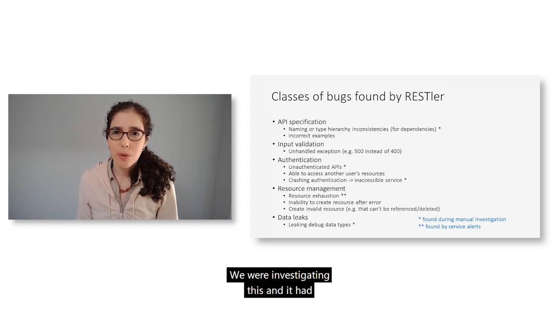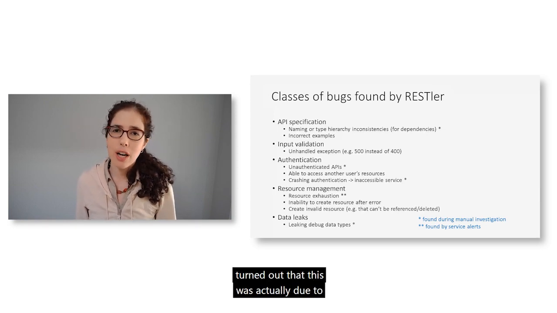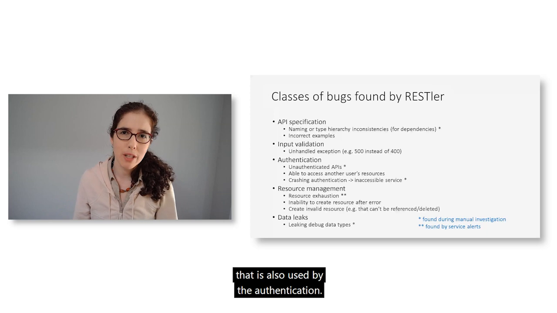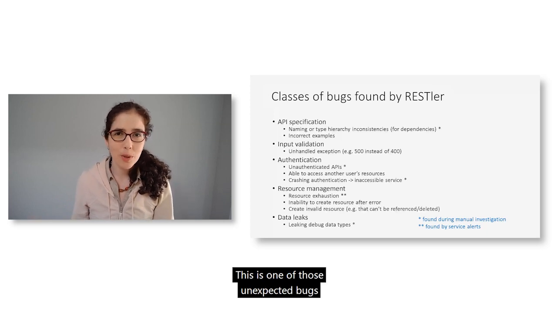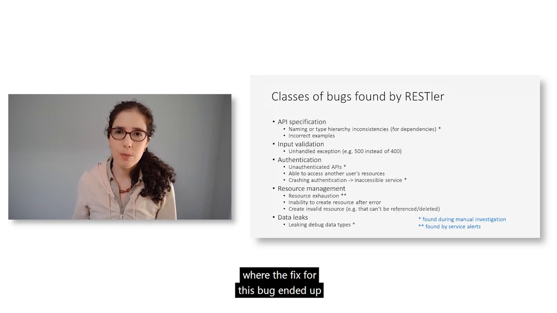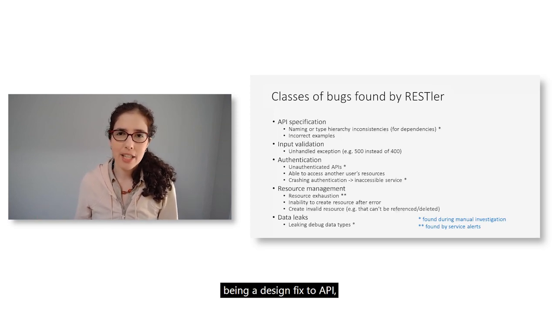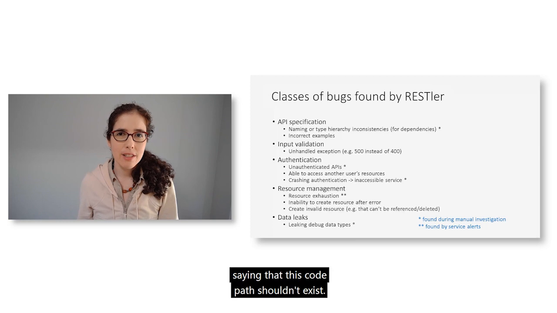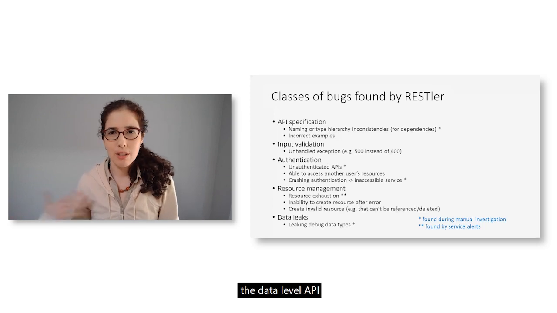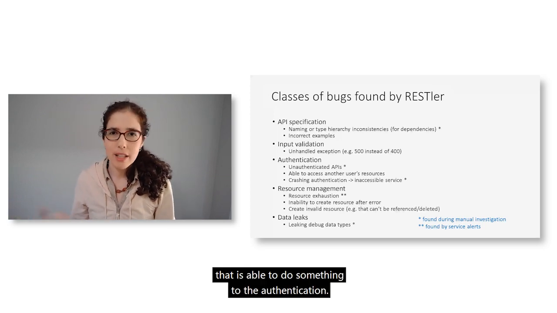And we were investigating this, and it turned out that this was actually due to a corruption in some backend data structure that is also used by the authentication. So this is one of those unexpected bugs that you can find through fuzzing, where the fix for this bug ended up being a design fix to the API, saying that this code path shouldn't exist. You shouldn't have an update through the data level API that is able to do something to the authentication.